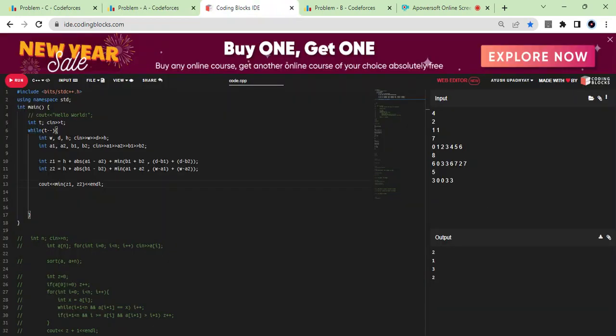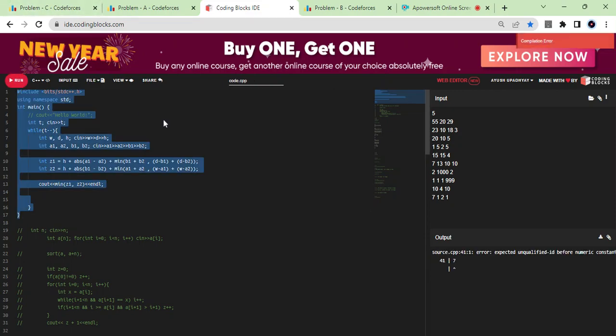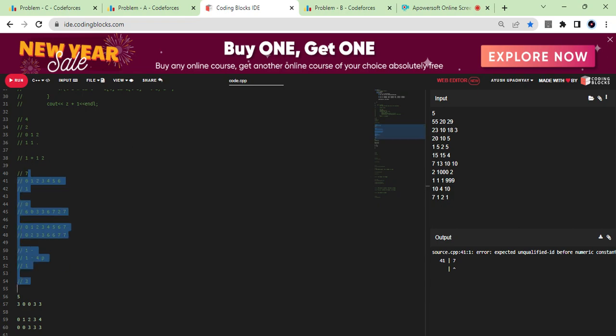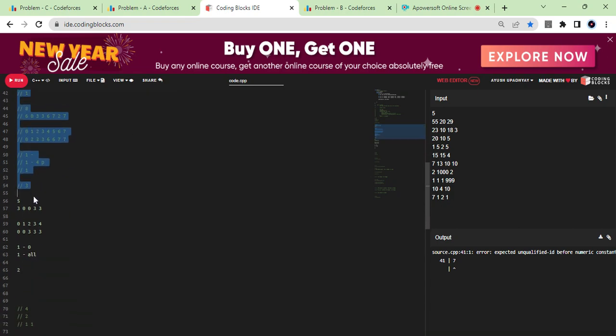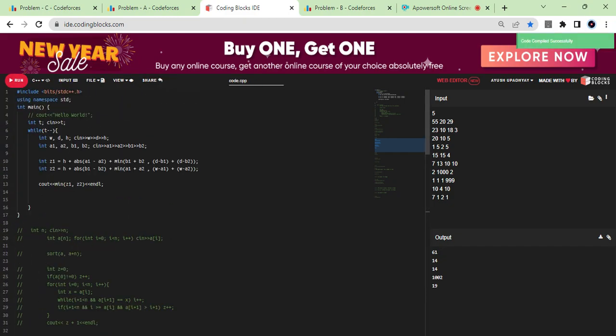Copy, check. Line number 41, there is some, okay, looks good, I feel, or not.